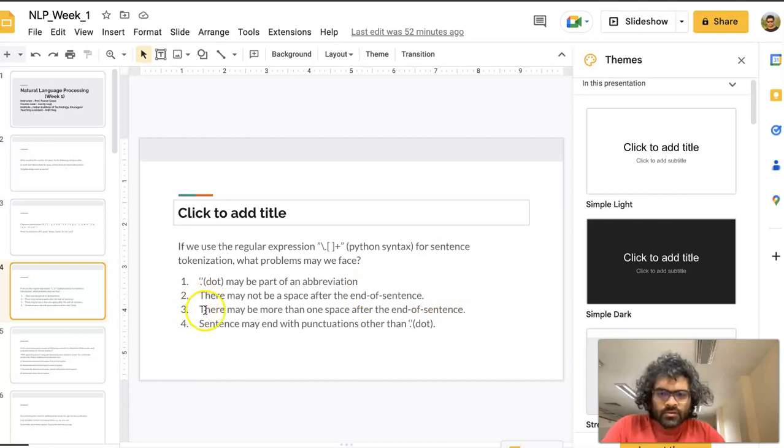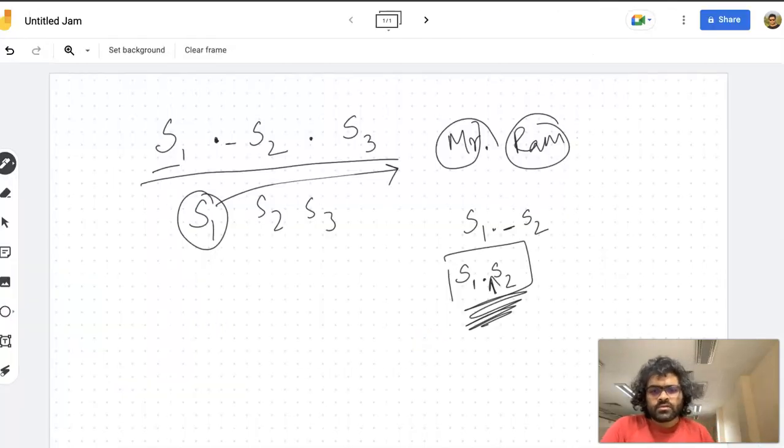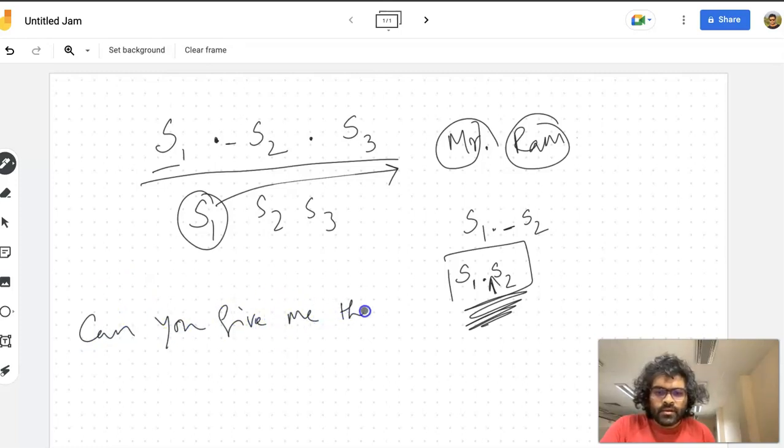Now the third option is that there may be more than one space after the end of the sentence. This is not a problem, because this regex expression will catch number 3. But number 4, the sentence may end with a punctuation other than a dot, can happen. Suppose we have a question like "Can you give me the pen?" with a question mark.